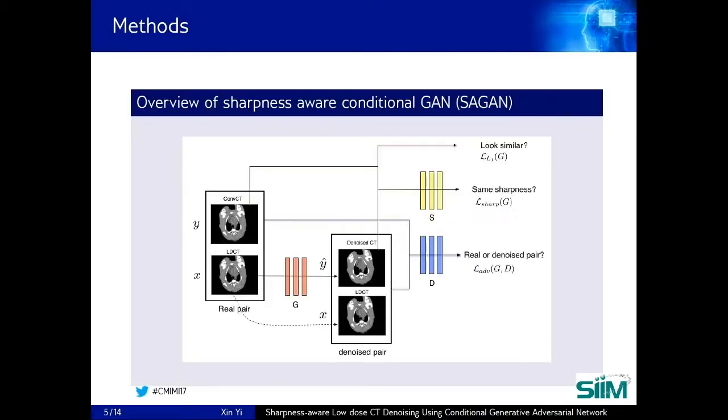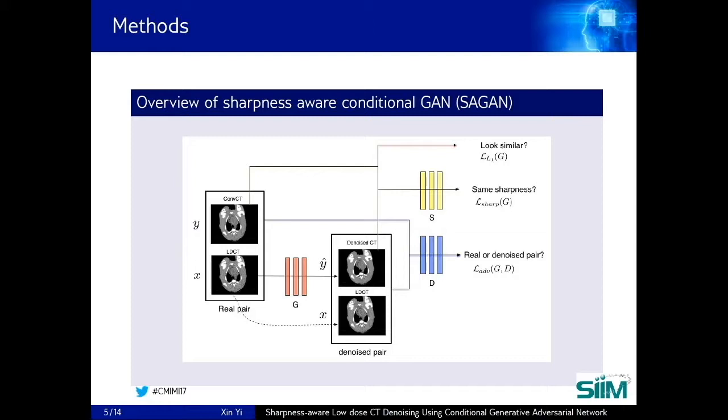We refer to our proposed method as SAGAN, the sharpness-aware conditional GAN, because besides the traditional setup of GAN, the generator G and the discriminator D, we employ another network S that explicitly measures the sharpness of the image. Generator G is the one responsible for denoising, and the discriminator D tries to discriminate the denoised CT and the conventional CT, and both networks are conditional on the low-dose CT.